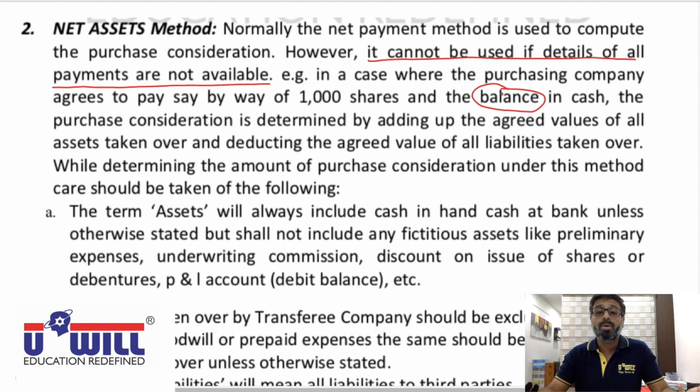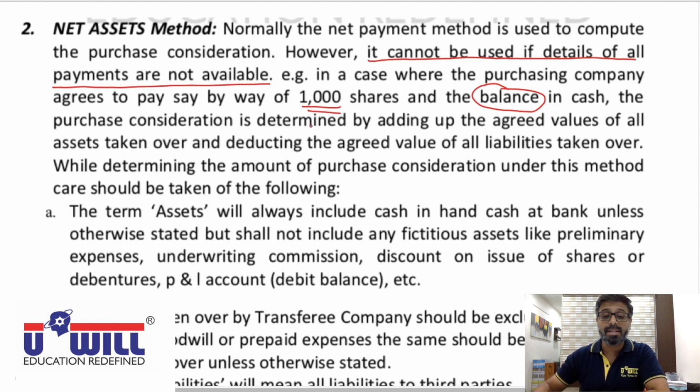We don't know. So first we will have to find the purchase consideration by the net asset method. From that you will subtract the value of 1000 shares, which is given, and then only we can obtain the balance amount which is paid in cash. So whenever any mode of payment's amount is missing, we will first use the net asset method.